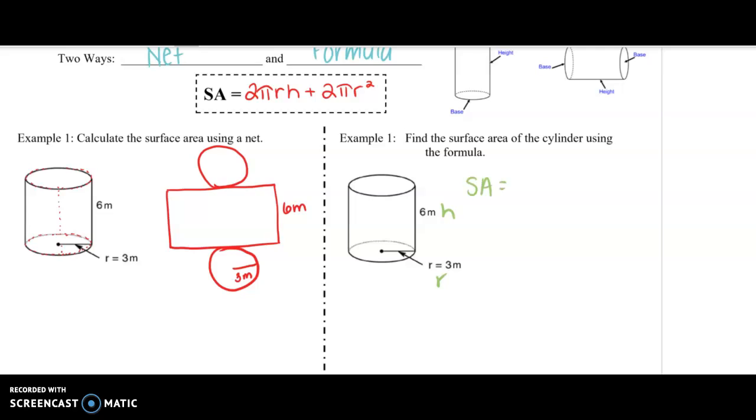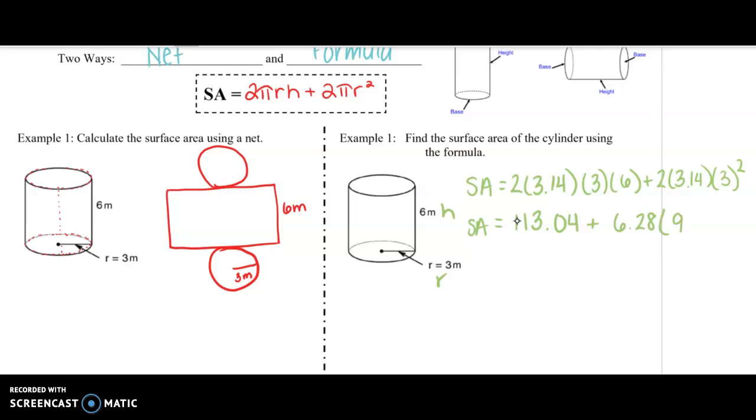So surface area is equal to 2 times 3.14 times 3 times 6 plus 2 times 3.14 times 3 squared. Okay, so I'm going to multiply everything in that first one together. I would get 113.04. Add to that, 2 times 3.14 is 6.28 times 3 times 2, which is 9.